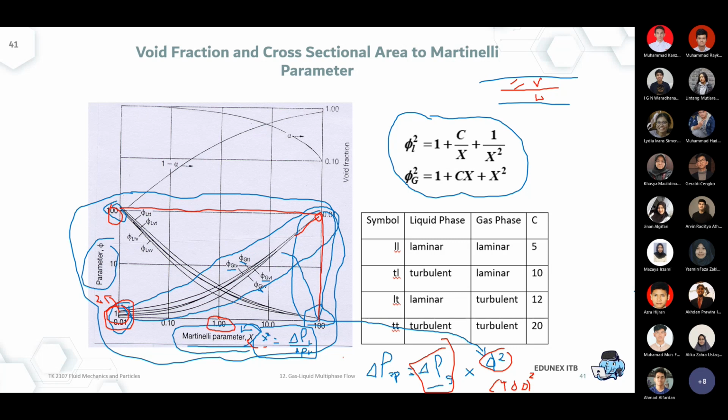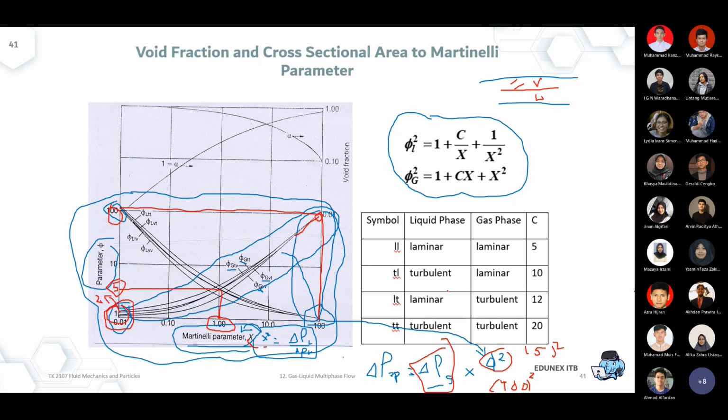Once you put this into the correlation, you see over here that your two-phase modulus will now become roughly 5. And again, don't forget to square it. Now you end up with a pressure drop 25 times bigger than a typical gas pipeline. So that's the idea.